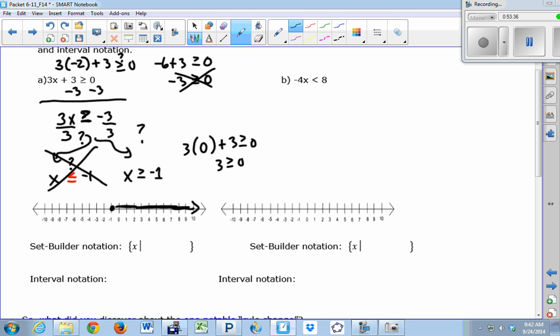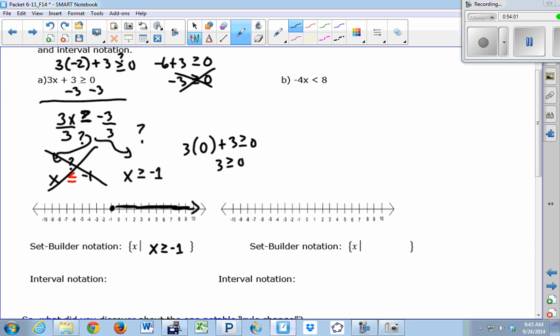If we were using set builder notation, we put our little curly braces x such that x is greater than negative 1, and you literally just write your solution, your inequality in there. And if we're using interval notation, someone tell me what to write, because I keep forgetting what to do. How would I represent that solution set just with interval notation?